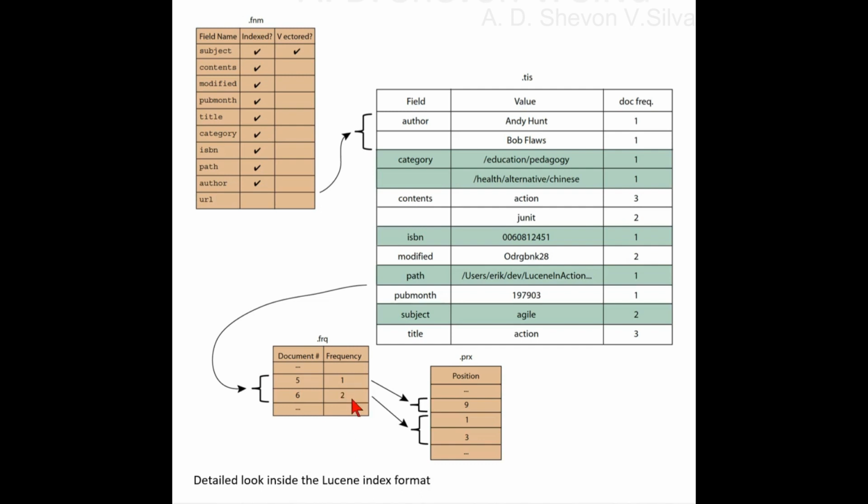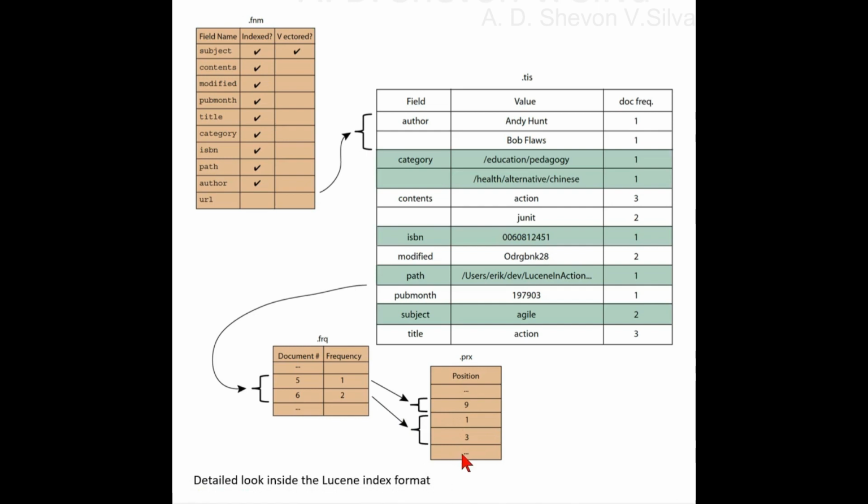For each document listed in the .frq file, the .prx positions file contains entries for each occurrence of the term within the document. The term positions: the .prx file lists the positions of each term within the document.